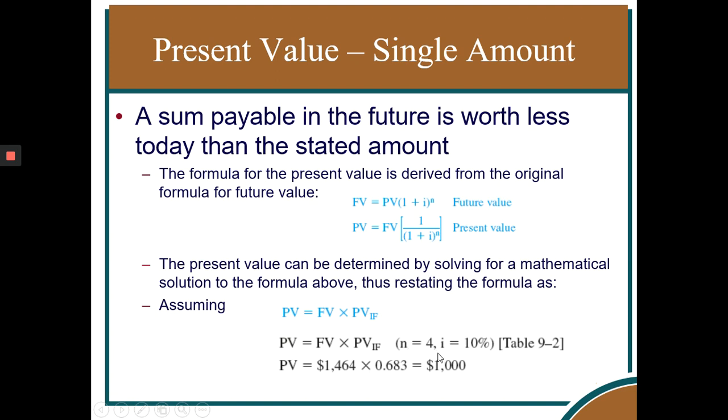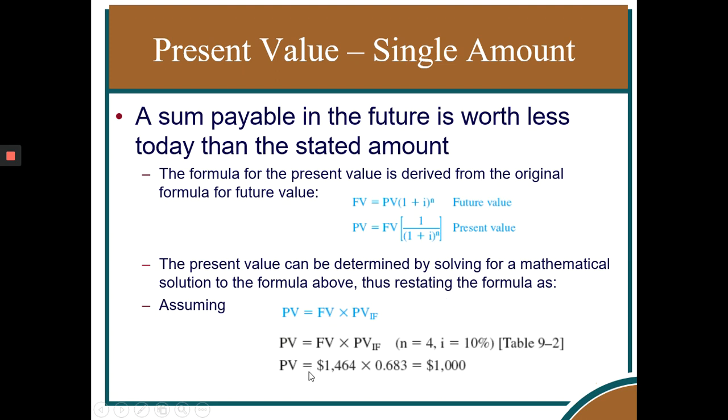I equals 10%. Class, beside here, write down that you are calculating present value. You're finding present value where the question gives you n equals 4, I equals 10%, and future value equals 1,464.